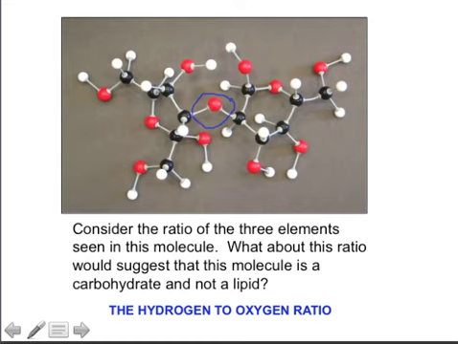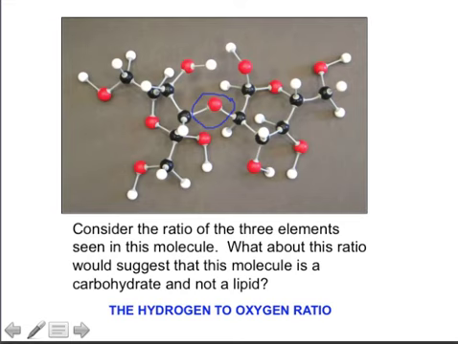It doesn't happen spontaneously, and it's facilitated by enzymes in living systems. Okay, so if this were a lipid, what you'd see is a much greater hydrogen to oxygen ratio, and you'd see far fewer electronegative atoms. Okay, there wouldn't be nearly as many oxygens, and we'll see an example.